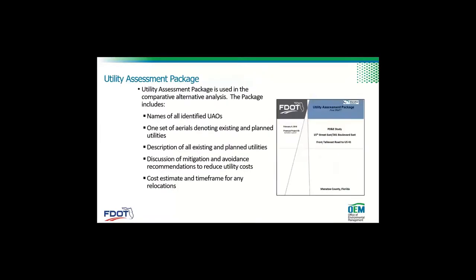Okay, so the utility assessment package is used in the comparative alternative analysis. The package includes the name of the utility owners, the set of aerials denoting existing and planned utilities, the description of all existing and planned utilities, the discussion of mitigation and avoidance recommendations to reduce utility costs, and cost estimate and time frame for any relocations.